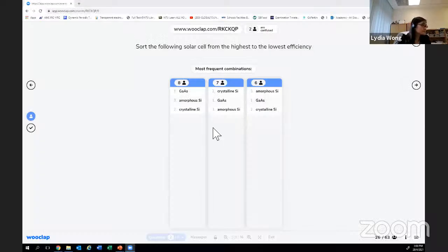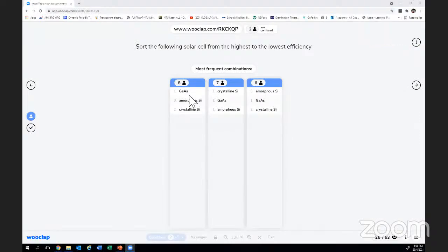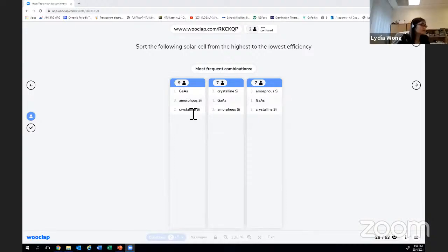Okay, let me share. Can you see your result? So the winner is gallium arsenide with the highest efficiency, then amorphous silicon and crystalline silicon, which are even in second place. Crystalline silicon, gallium arsenide, amorphous silicon.